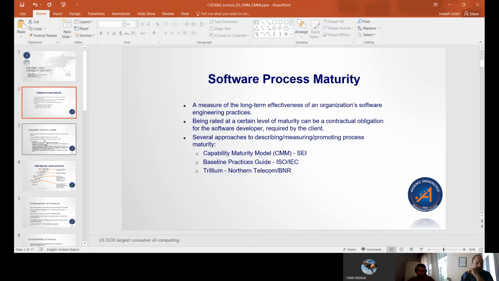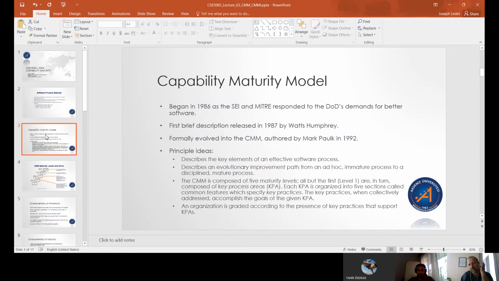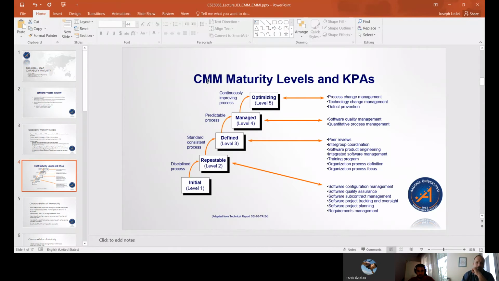It's kind of an analysis of the process that we are using and how we're going about developing the software. So if we think of these CMM levels, you have this initial level, which most companies are going to be down here at level 1.